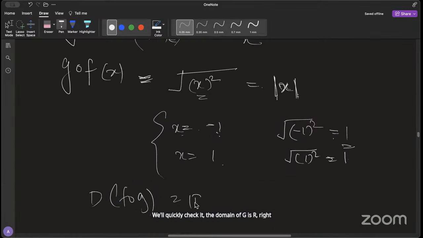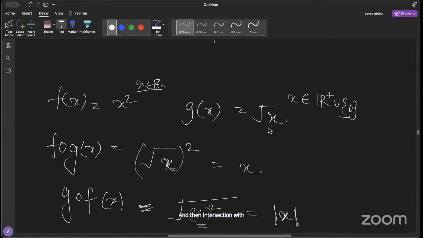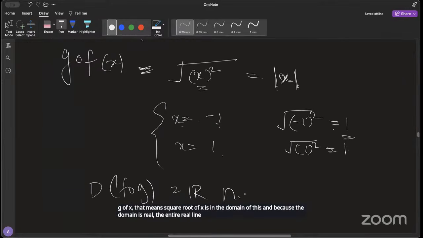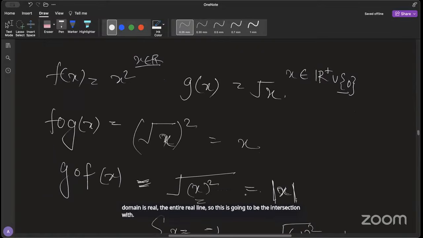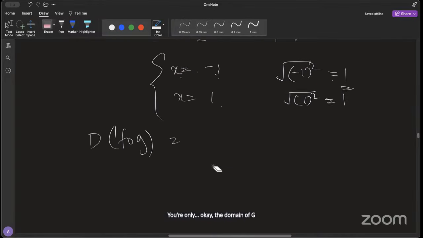So it will be real numbers, and then intersection with x such that G of x, that means square root of x, is in the domain of this. And because the domain is the entire real line, this is going to be the intersection with your... okay, the domain of G, we've written this wrong.